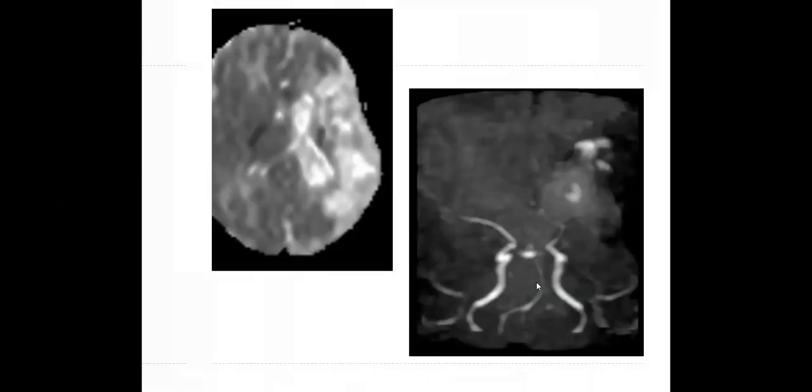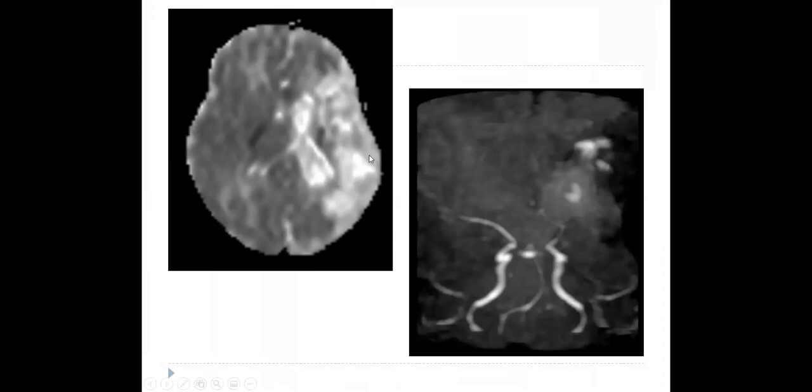And when I evaluated the diffusion sequence, you can see this zone of diffusion restriction suggestive of thrombosis of the middle cerebral artery on the left side.